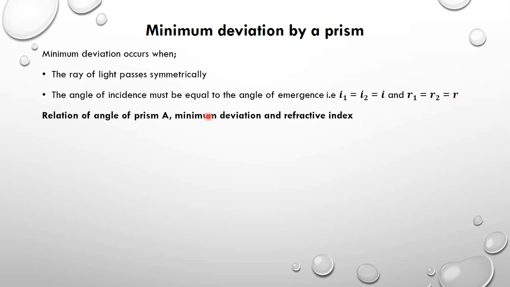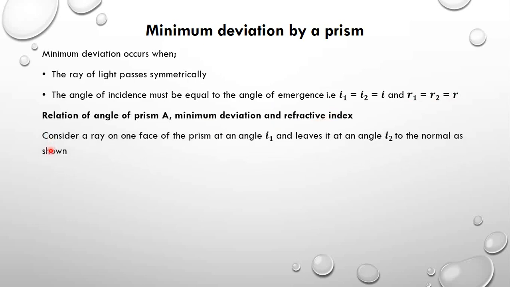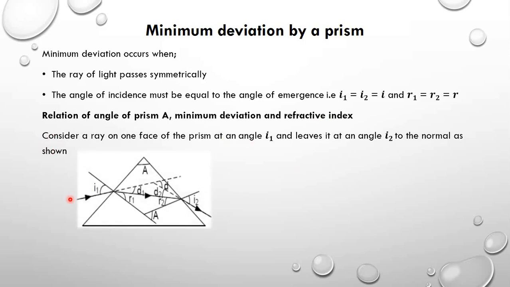Let's look at the relation of angle of prism A, minimum deviation, and refractive index. Considering this ray on a face of the prism at an angle I1, leaving it at an angle I2 to the normal, as shown, we can get the deviation D, because we did this in the previous lesson.